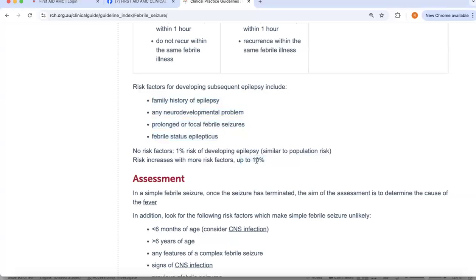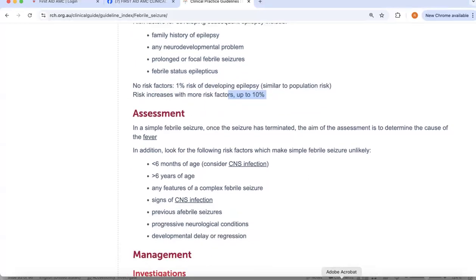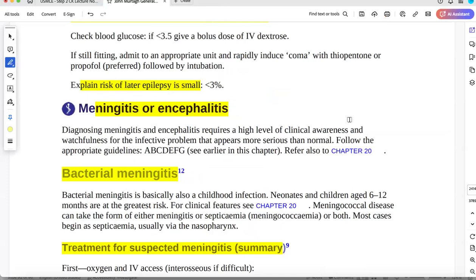Okay, so JM says 3%, whereas RCH says no risk factor 1%, with risk factor 10%. So that's febrile convulsion.